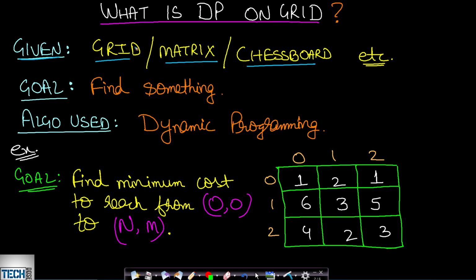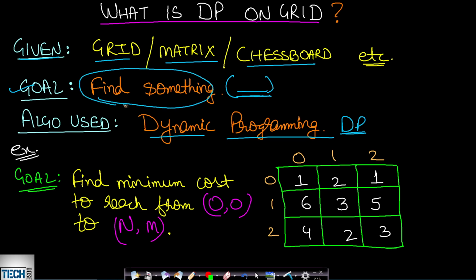So given a grid, we are required to find something, with some goal given, and for solving this problem we will be applying dynamic programming, right? So we will be using the DP algorithm in order to solve our goal, and the goal will be solved on a structure which will be a grid structure, right? Those types of problems fall under DP on grid.